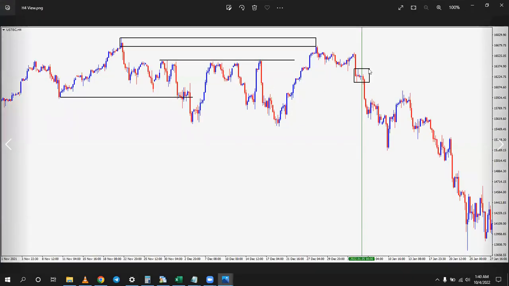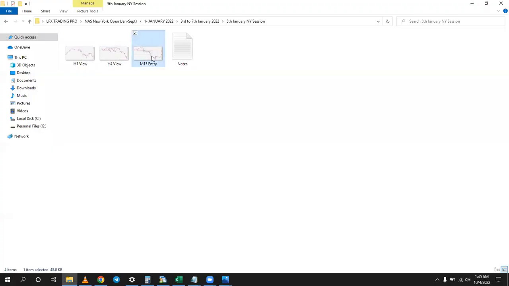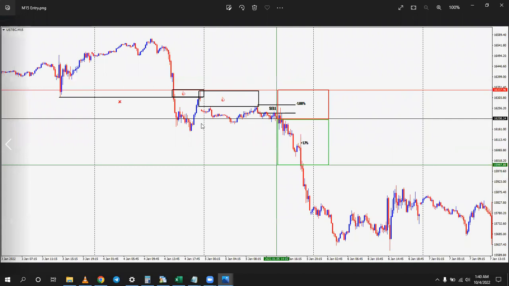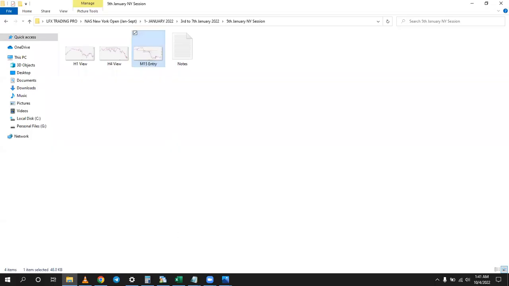H4 view, we had a potential downtrend, right? Along that square. Then our entry was on M15. And as you can see, the breaker, approach of price. So I did everything critically so that there's no bias about the model.